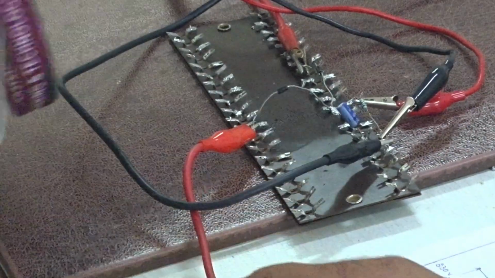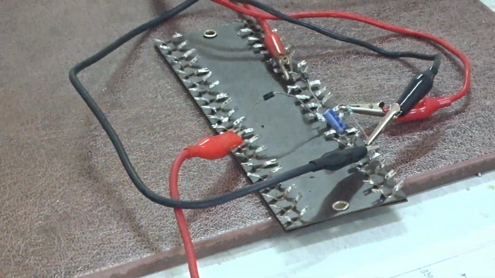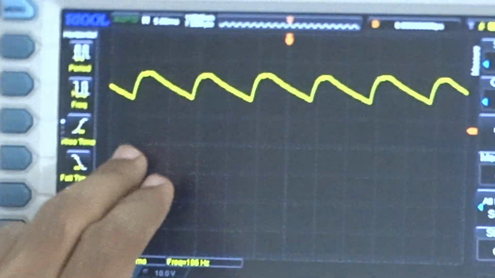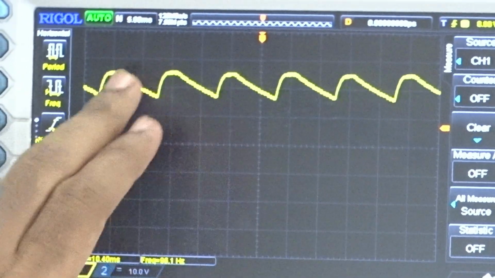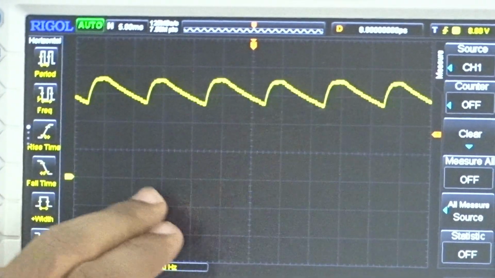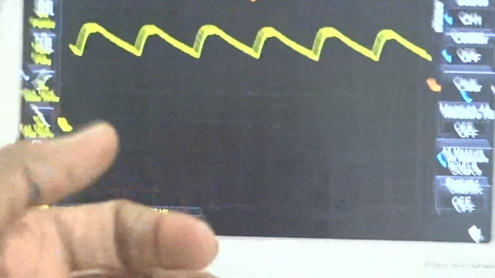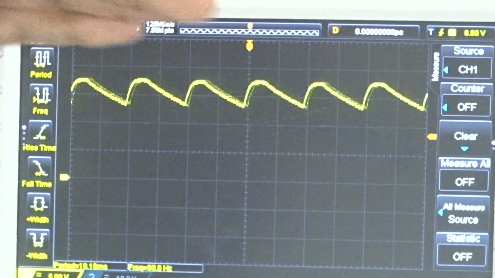Next, I'll switch on the transformer. So as you see, there are no ripples here, but there is a small amount of ripples here, but not as much compared to the previous one. So once again we are not getting a constant DC.